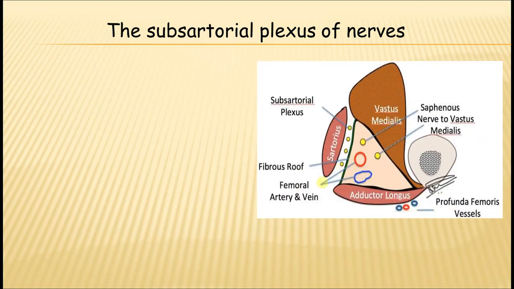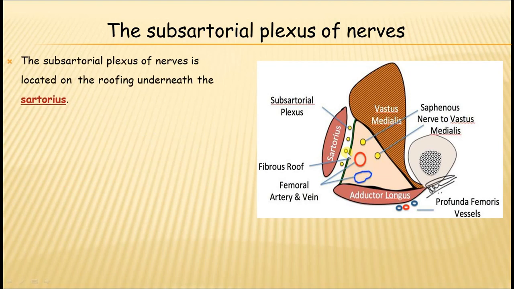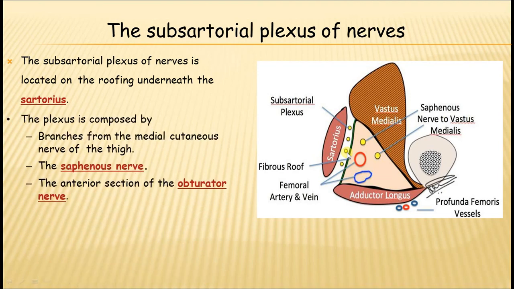The subsartorial plexus of nerves which you see over the roof is mainly formed by the saphenous nerve, then by the medial cutaneous nerve of the thigh, and the anterior division of the obturator nerve.